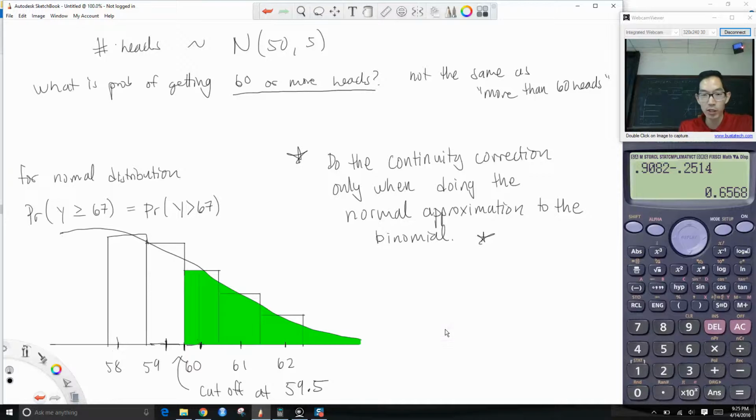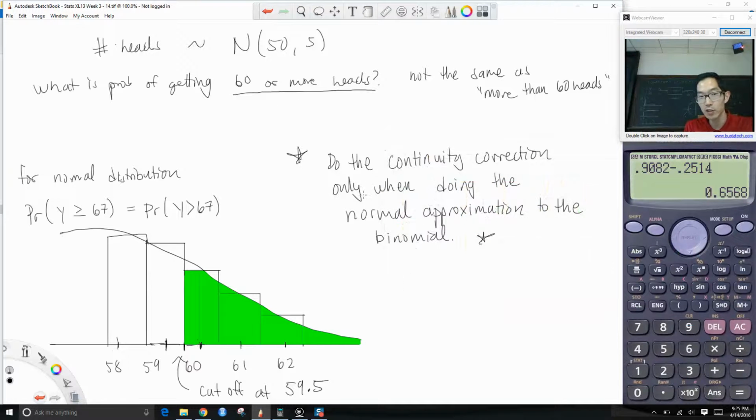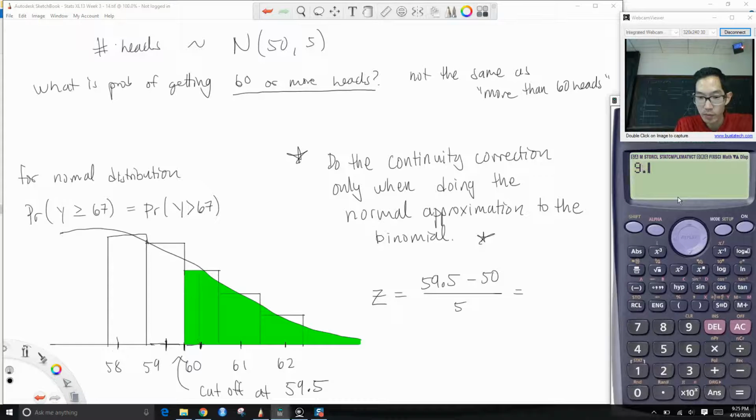And so to answer my question, what's the probability of getting 60 or more heads? I would say Z is equal to 59.5 minus the mean of 50 divided by a standard deviation of 5. I get a Z-score of 1.9.